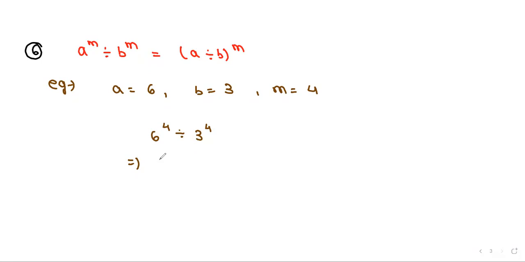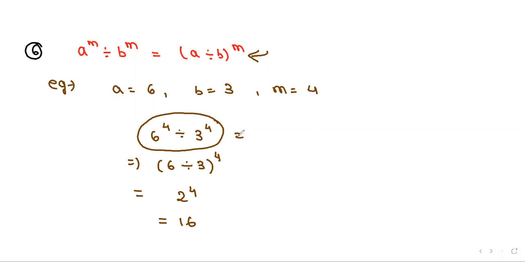The only thing you have to do is use this property: if you have different bases and the same power, then you just divide the two numbers and then raise to the power. So we can write this as 6 divided by 3 raised to 4. 6 divided by 3 is of course 2, and 2 raised to 4 is 16. If you go by the long method, solving 6 raised to 4 divided by 3 raised to 4, that will also be equal to 16.